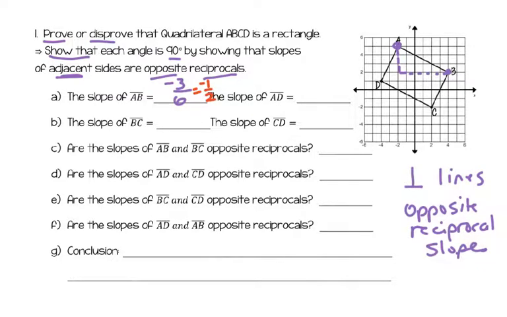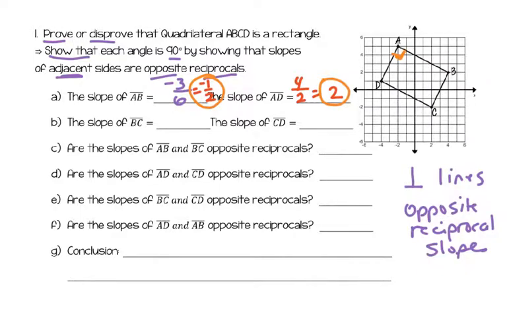Okay, what's the slope of AD? So the slope of AD, that's this one. And so start on the left, we're going to go up 1, 2, 3, 4, and I'm going to run 1, 2. So what I'm going to do is I'm looking at these two right there. Do you see that they're opposite reciprocals? Okay, so we do see that they're opposite reciprocals, but hold on, we don't have enough to prove it.